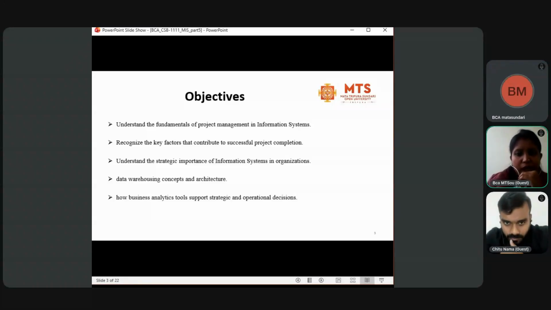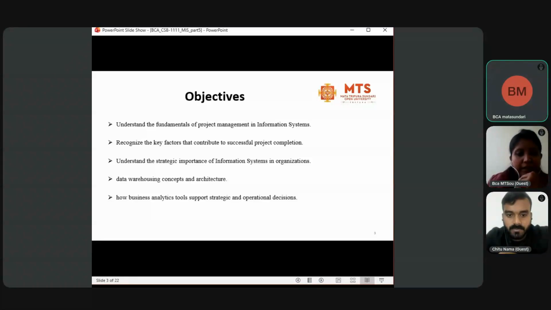First of all, understand the fundamentals of project management in information. Then recognize the key factors that contribute to successful project completion. Then the third one is understand the strategic importance of information system in organization.